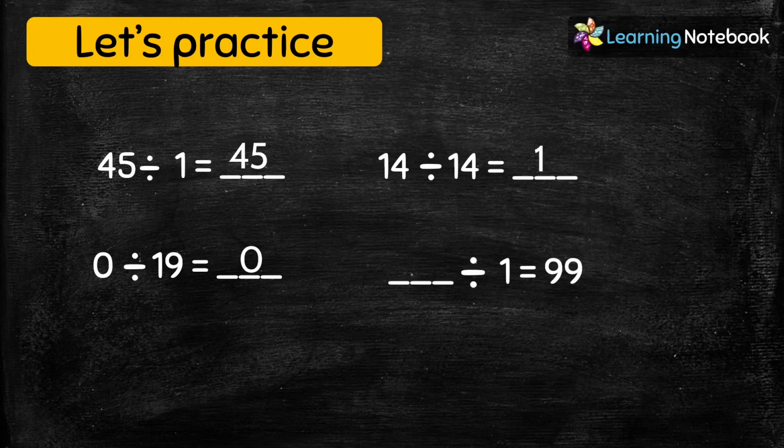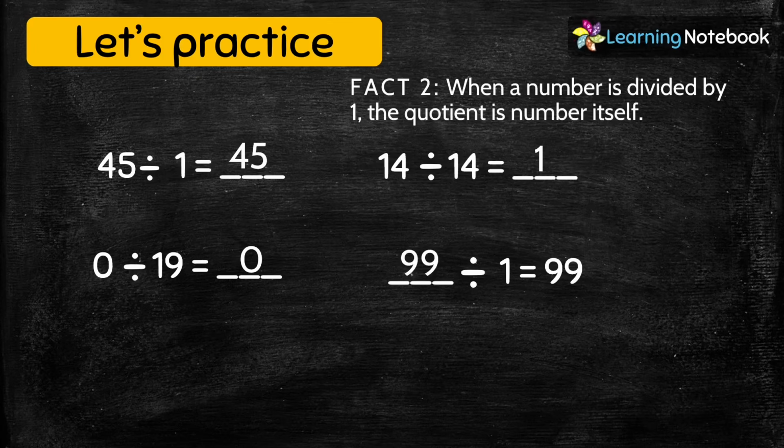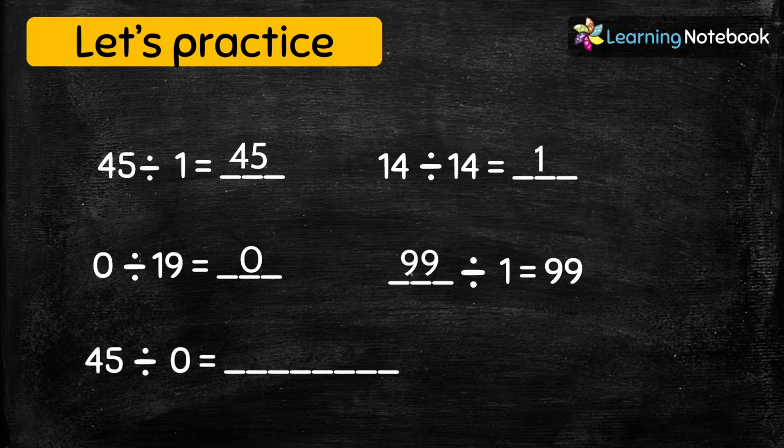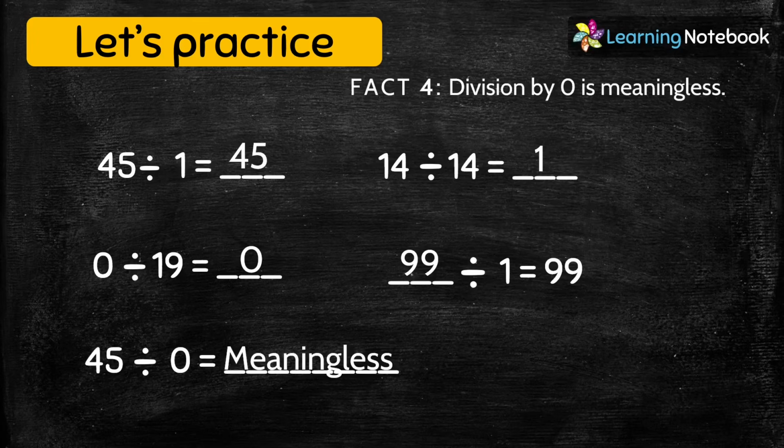Let's see the next question. Dash divided by 1 equals 99. So what would be the answer here? Yes, it will be 99 because when a number is divided by 1, then only the quotient can be the number itself. Next question is 45 divided by 0 equals dash. Answer is meaningless because division by 0 is meaningless.